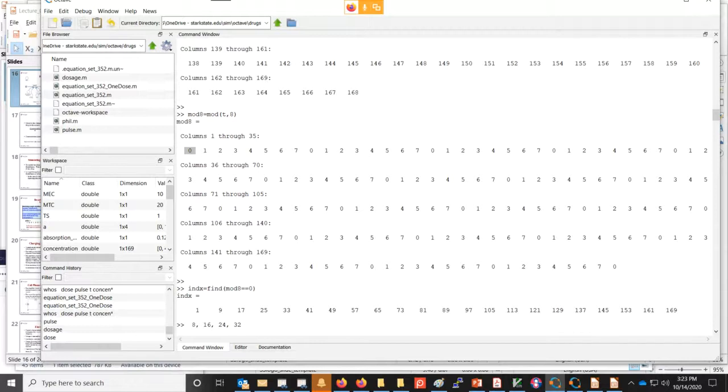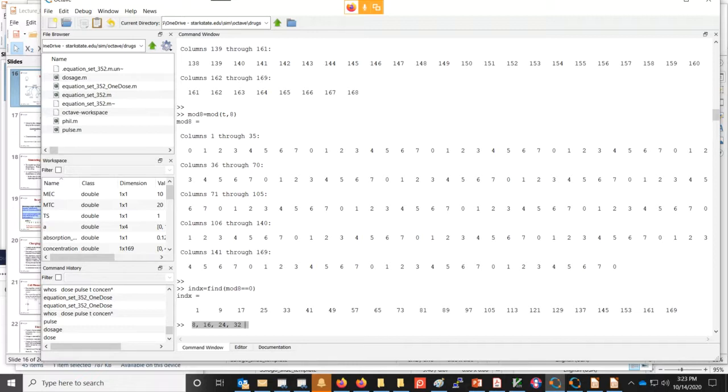And so you see that we do it the first time, which was at 0. And then we do it at the 9th, right? So we're just doing it every 8, 16, every multiple of 8. Okay, so the modulus function has given us a multiple of 8.